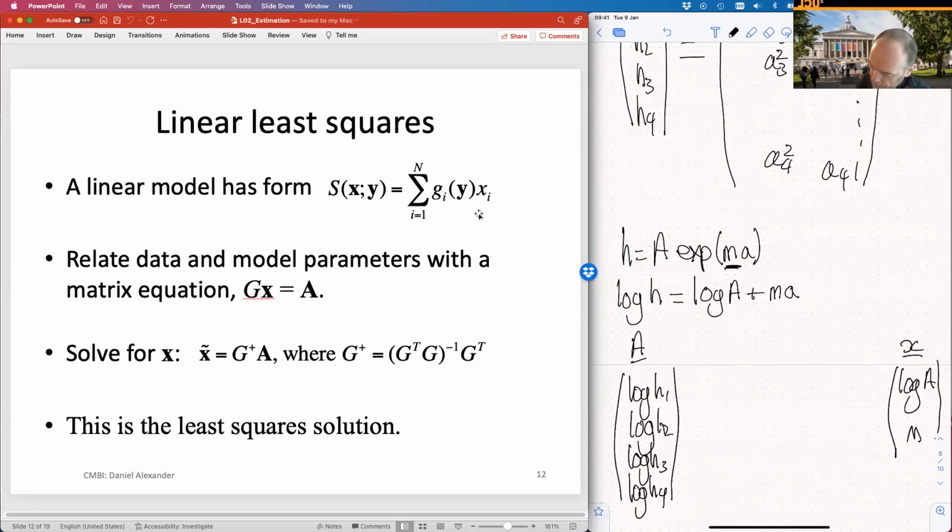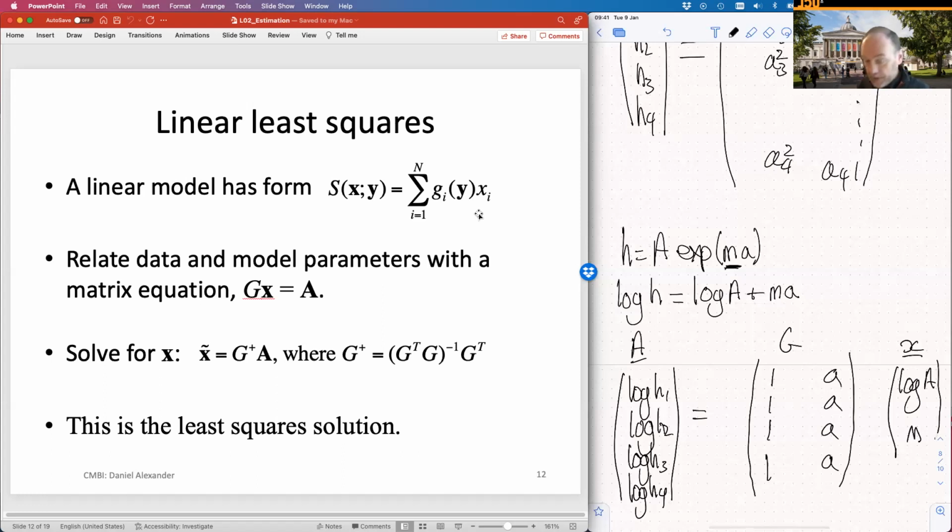Then we end up with a design matrix that looks pretty much the same as the one for our original line model. We've got the columns permuted, but we first have a column of 1s and then a column of A's. It looks exactly the same. And we can solve that using the exact same machinery, just that we end up estimating log of A and M rather than the parameters directly.